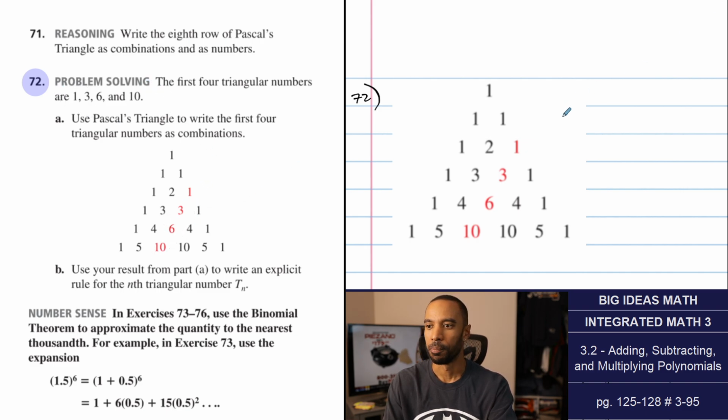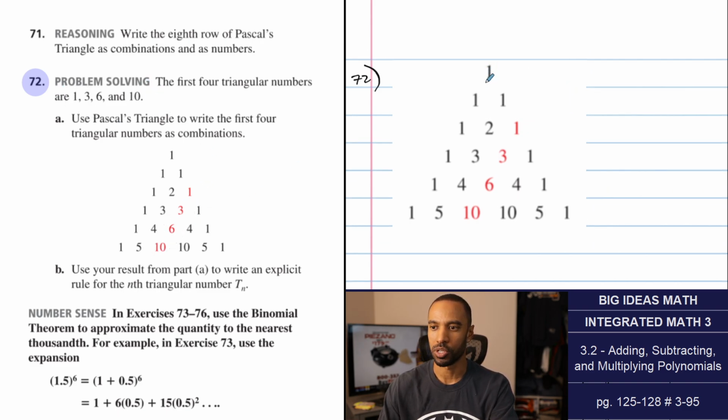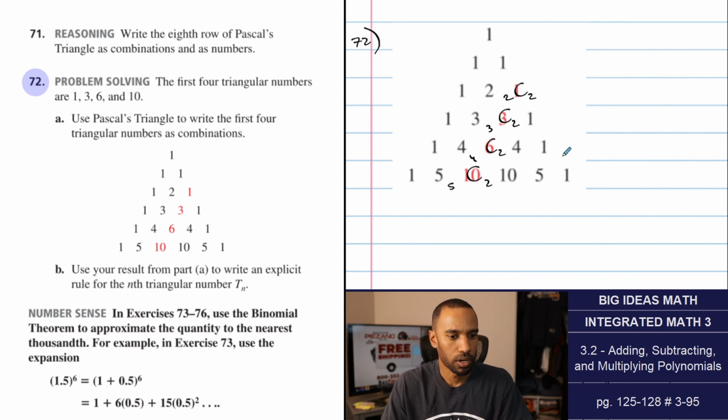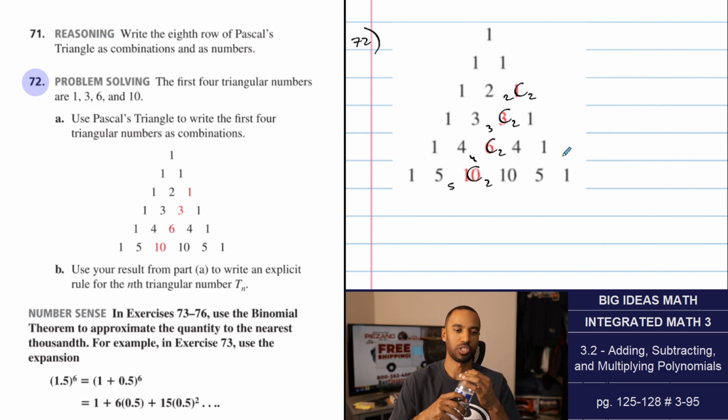Okay, so this is row 0, this is row 1, this is row 2. So this is 2 choose 2. This is row 3, 3 choose 0, 1, 2. This is 3 choose 2. This is 4 choose 0, 1, 2. 4 choose 2, and I'm going to assume this is 5 choose 2. So use your result from part A to write an explicit rule for the nth triangular number, T sub n.